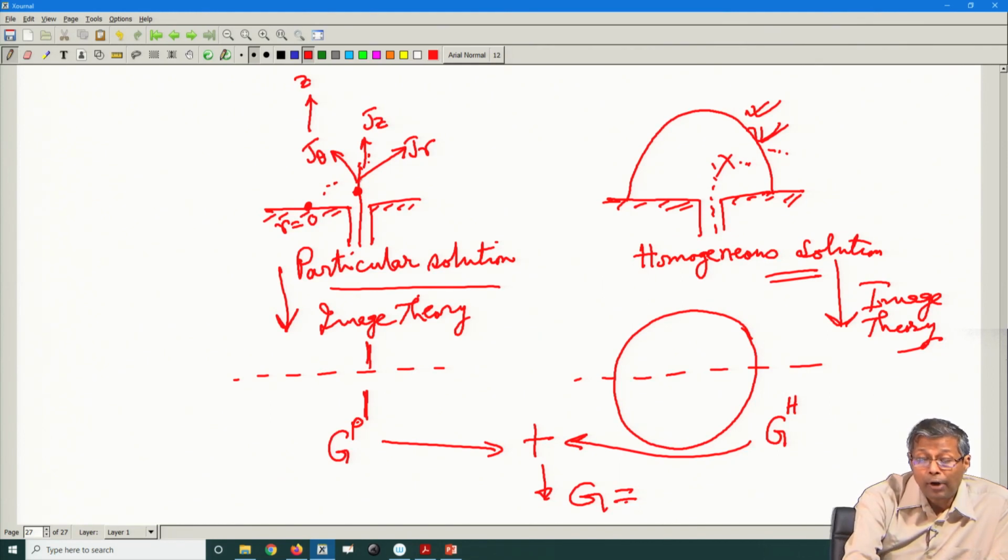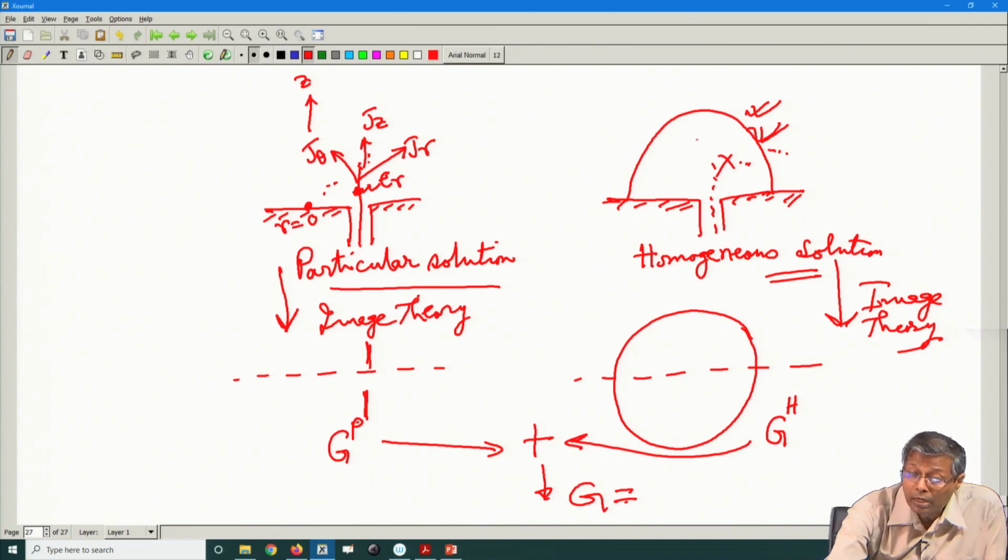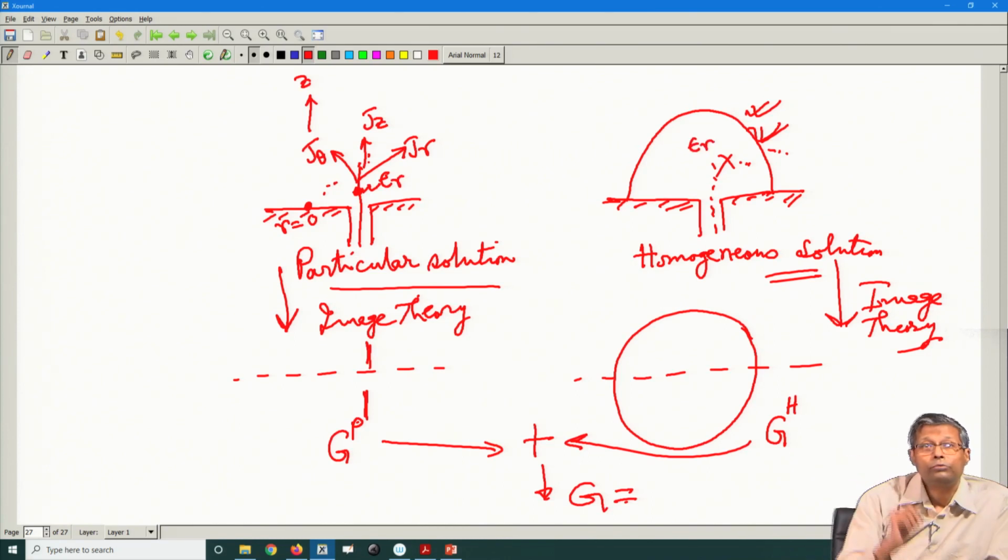Now, if I want to find the current on this probe, however, I still do not know the current on the probe. I know that if only a point source is present here, what will be the electric and magnetic fields due to this point source and the presence of this probe only, immersed in a material of permittivity epsilon r, which is the same as the dielectric resonator material.